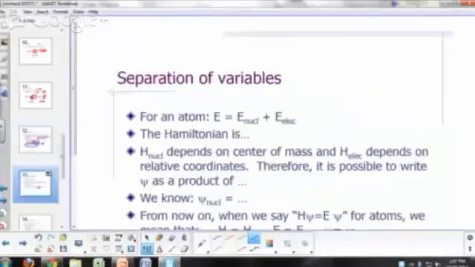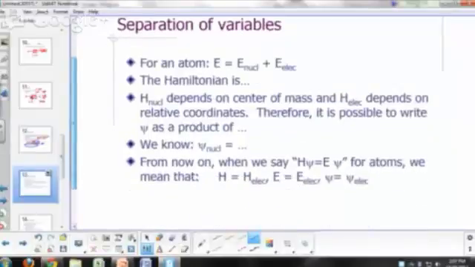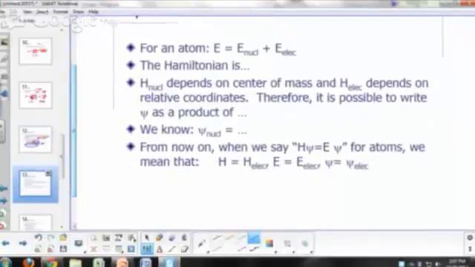All right. So for an atom, like I said, the total energy is just the kinetic energy due to translational motion of the nucleus, and kinetic energy due to the motion of the electron, which is really the motion of this reduced mass. Okay?